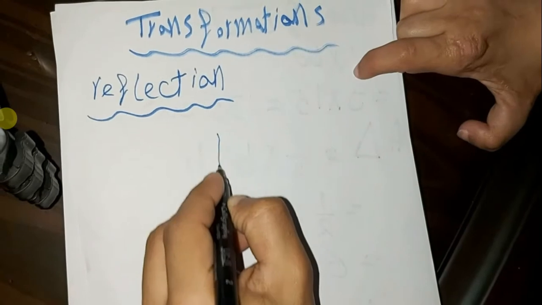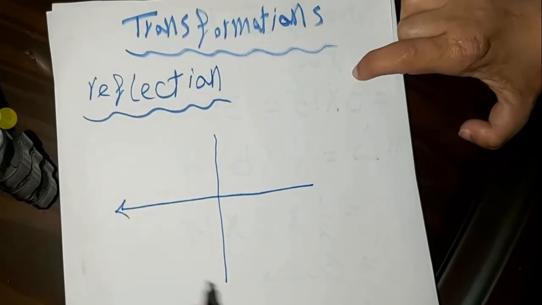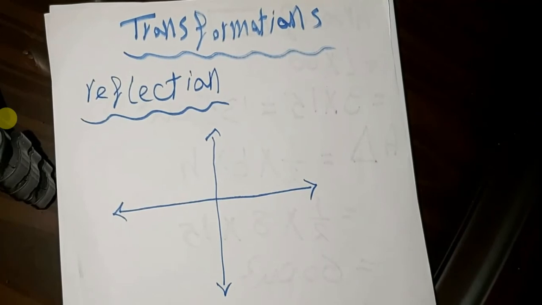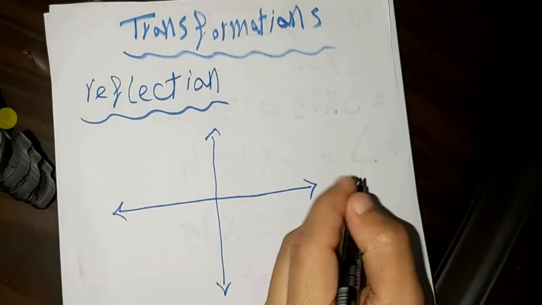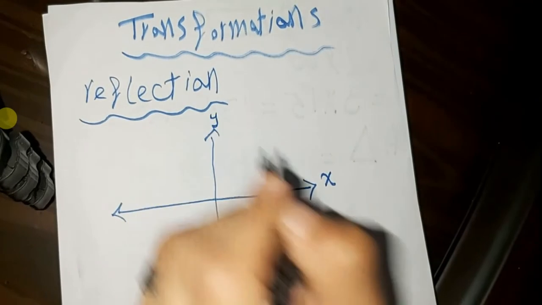If we have our axes like this and we want to make a reflection on them, we have two axes in our coordinate plane. This is our x-axis and this is our y-axis.